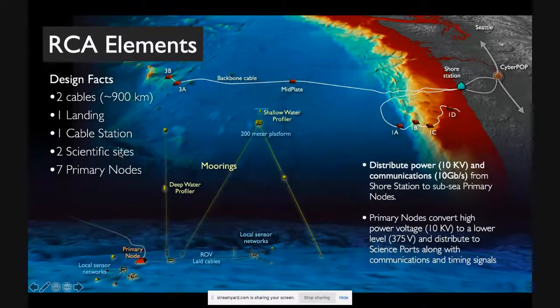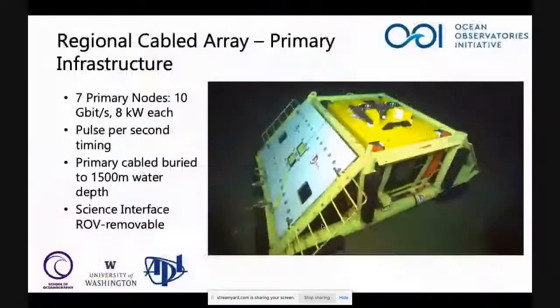And you can see in the picture, hanging off of the primary infrastructure is what we call the secondary infrastructure. The secondary infrastructure distributes the power and bandwidth coming through that backbone cable out to instrumentation and gets those instruments to the places where they need to make measurements, whether that's on the seafloor or within the water column.